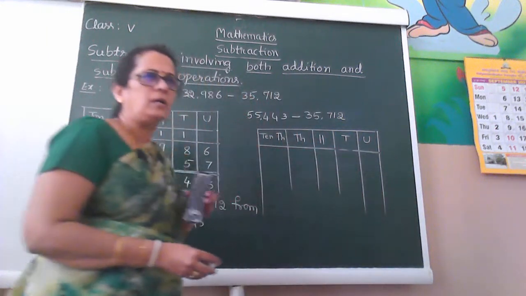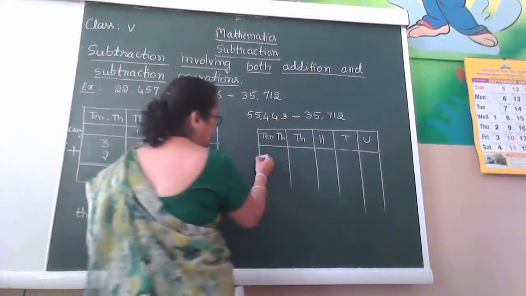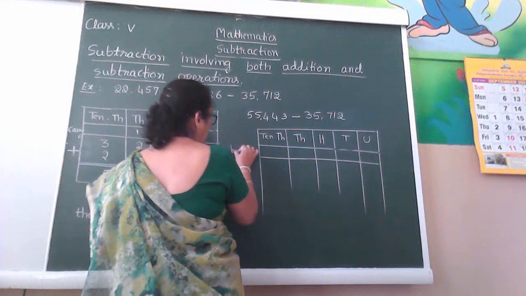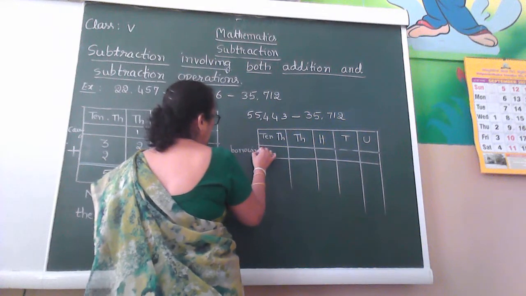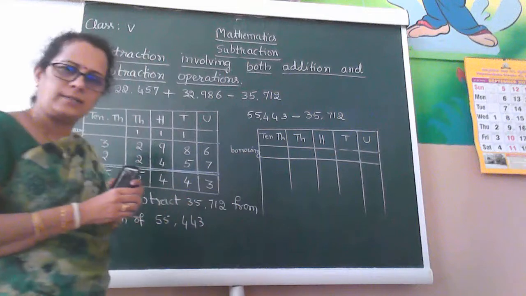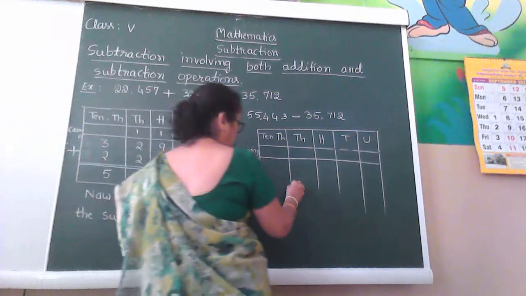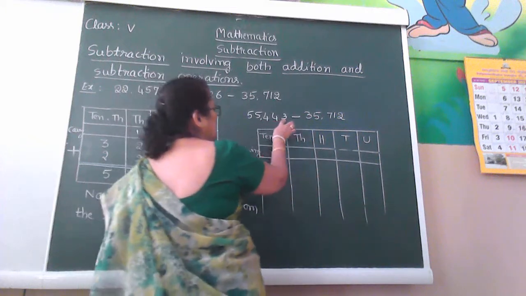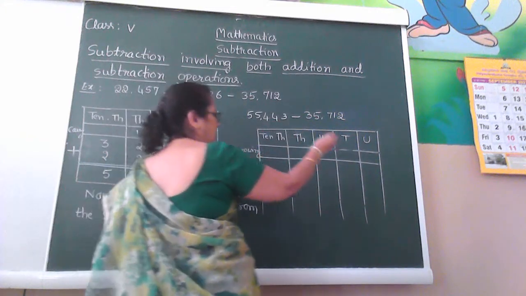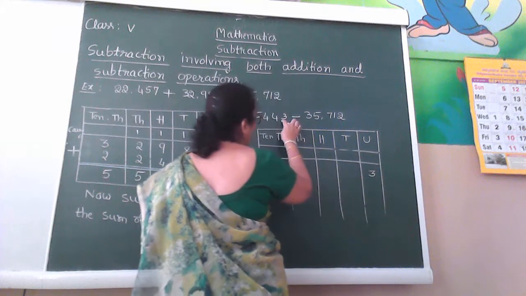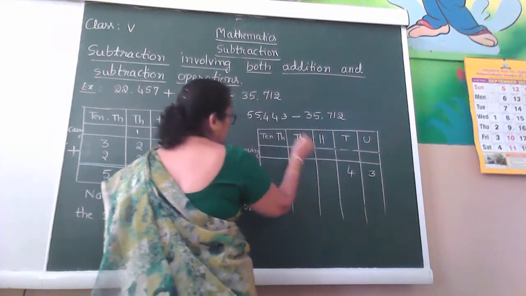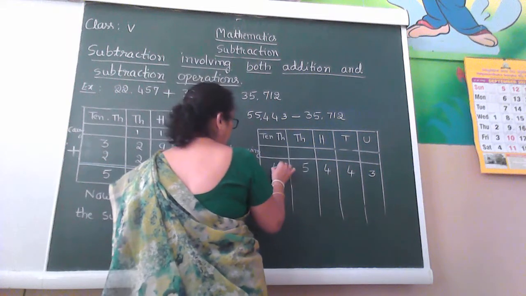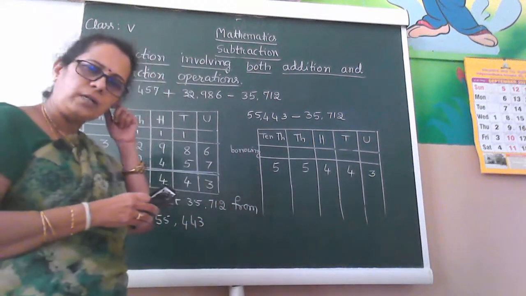For borrowing or for regrouping, again one small line, we can say this for borrowing or for regrouping, both are same. Now write down the numbers, that is 55,443. First write 3, next 4, 5,000 place and another 5 in 10,000 place.